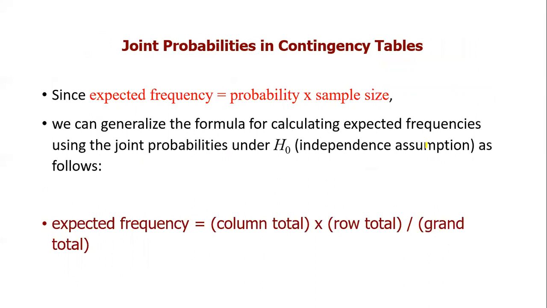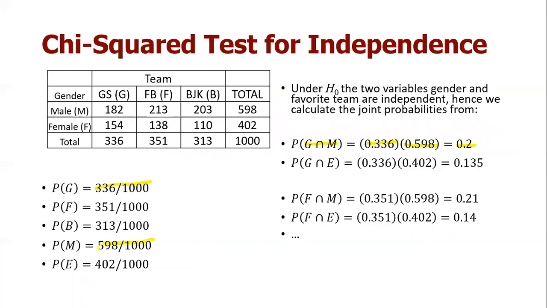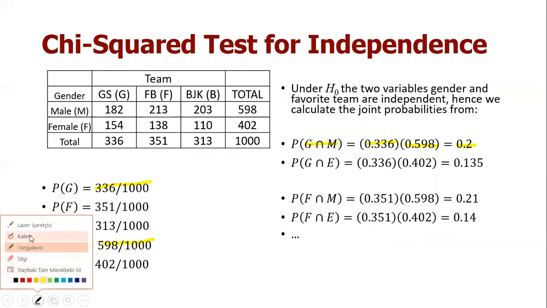So in general, how can we write the expected frequency in a contingency table? It is the column total times the row total divided by the grand total. So just go back here. How do we find the expected values? Let me write this.